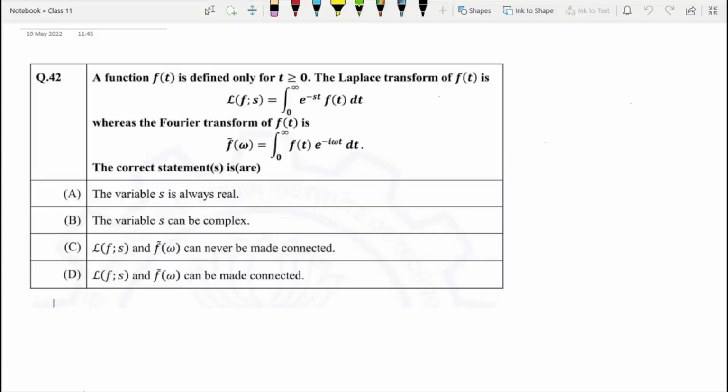So in the question they have given a function f of t and they have said that the function can be defined only for t greater than or equal to 0. So they have given the Laplace transformation of the function and Fourier transformation of the function, and they have asked us to find which among the four options is the correct one.